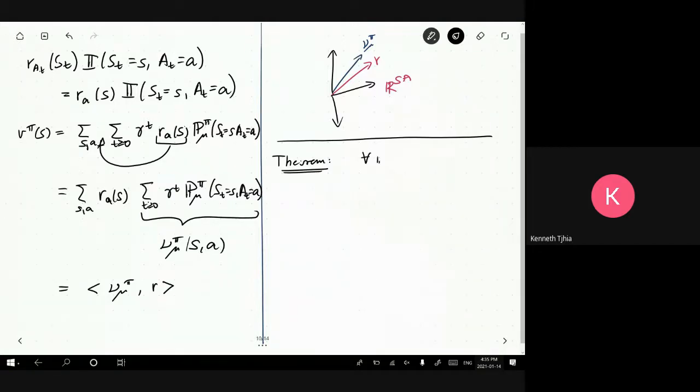For every pi and for every mu initial state distribution, you can find a pi prime, a memoryless policy, such that it reproduces the occupancy measure of pi. So if you concentrate on just occupancy measures, you realize you don't need to worry about policies with histories. They don't add anything. It's kind of understandable.